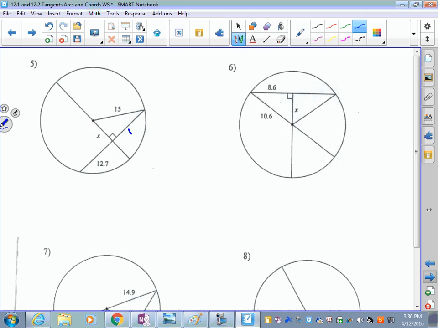Because this 12.7 is 12.7 here, and now we're back to Pythagorean theorem, because that x is the leg. So if the x is the short leg or the smaller part, then you're using Pythagorean theorem.